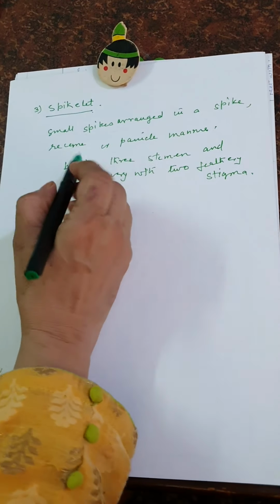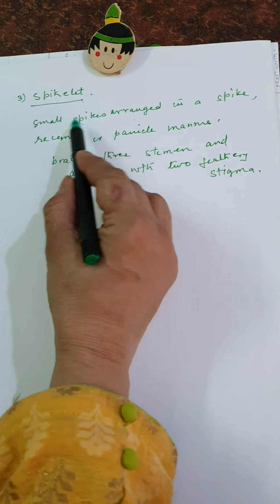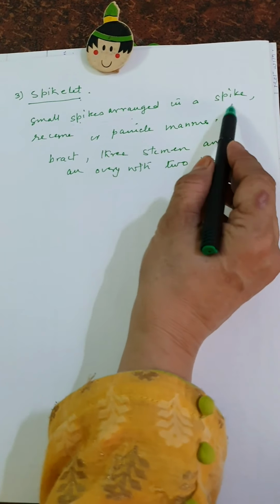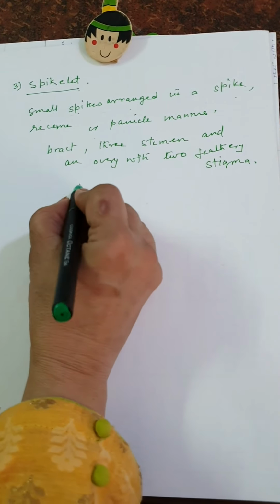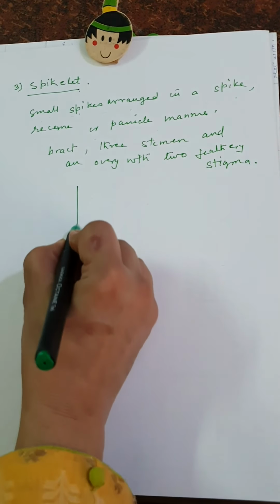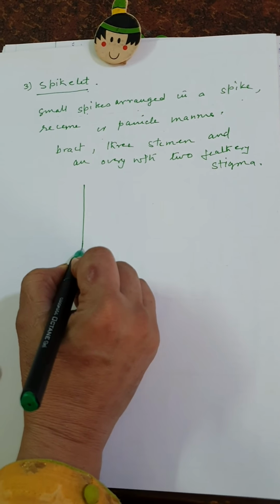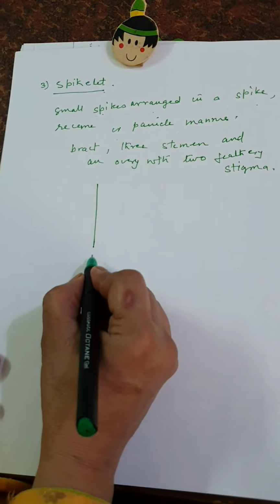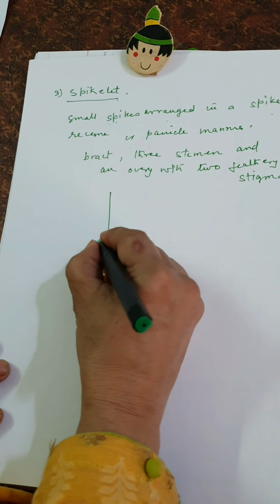इसमें क्या लिखा है देखो. Small spikes arranged in a spike, raceme or panicle manner. That means this is racemose, so there will be a single peduncle, a single axis. The main axis is a single elongated peduncle in which bracts are found.